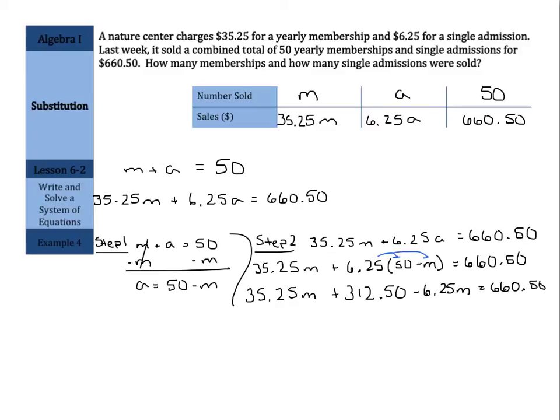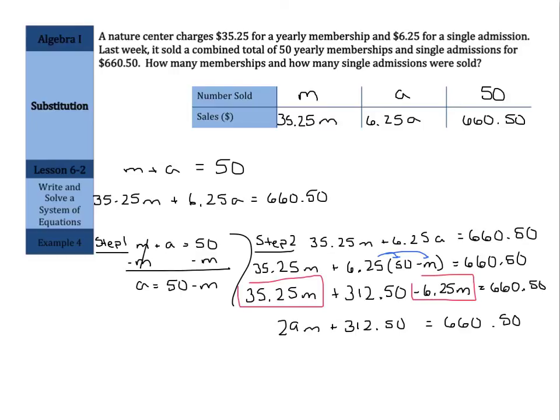Lots of fun math here. We can combine the like terms, we can combine our M's. 35.25 minus 6.25 is going to get us 29M plus 312.50 equals 660.50.